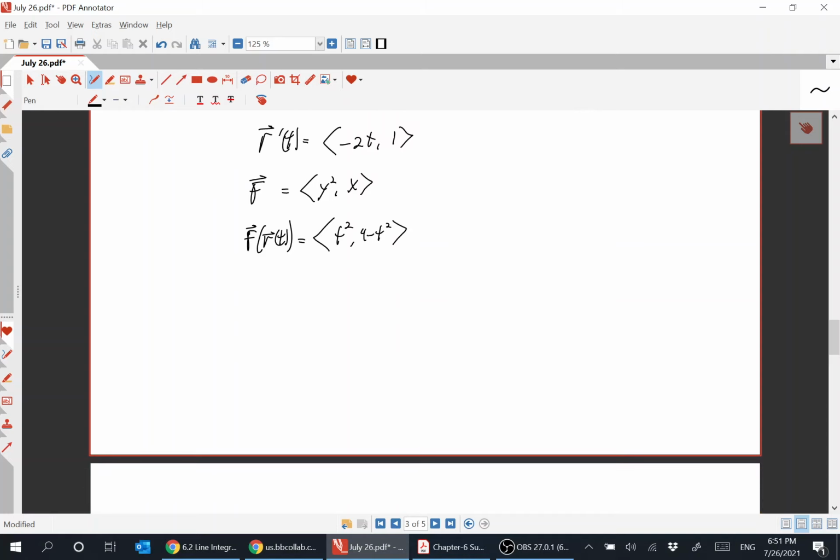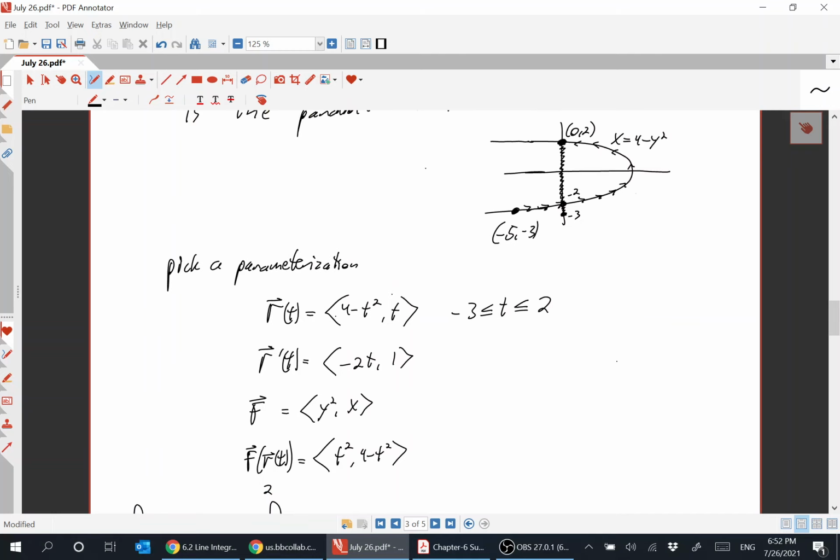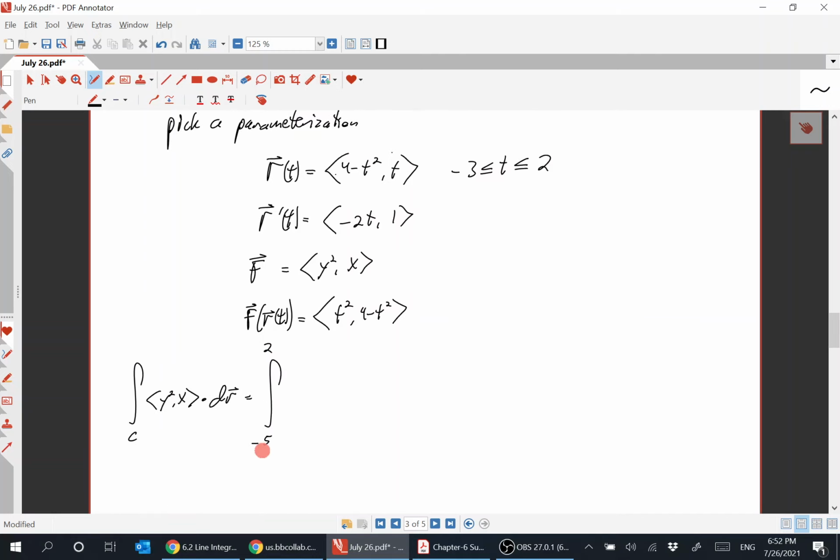Okay, so now the line integral over C of y squared comma x dot dr is equal to the integral from minus 3 to 2 of f of r of t dot r prime of t dt.